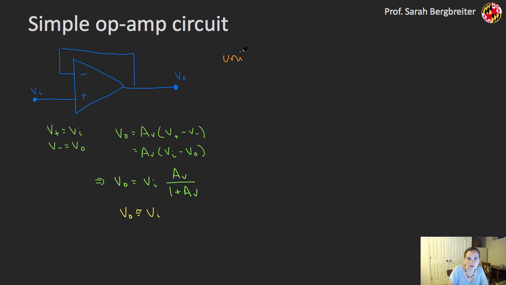This is a unity gain buffer, and that's because I now have a very high input impedance because I have an op-amp here, but V out is effectively the same as V in. So I'm just changing the kind of input impedance that my sensor might see and the output impedance that my measurement system, my analog to digital converter, my voltmeter, whatever, might see. So I can actually change those impedances by using something like a unity gain buffer here.